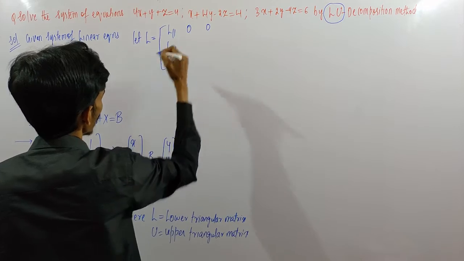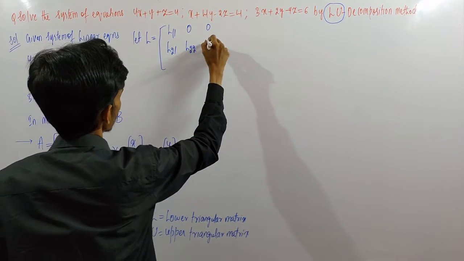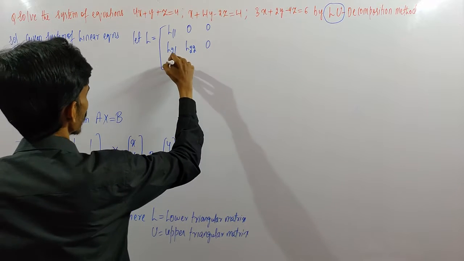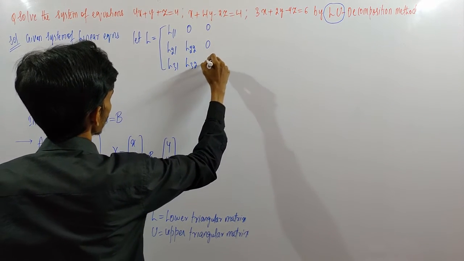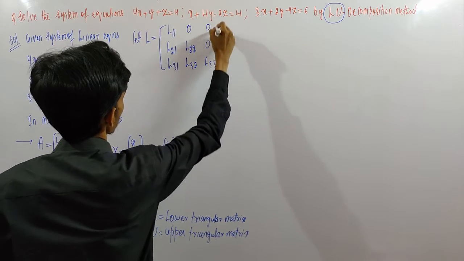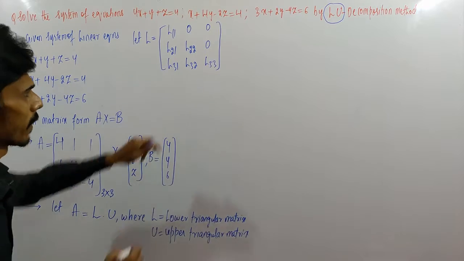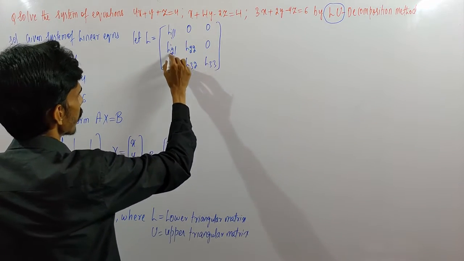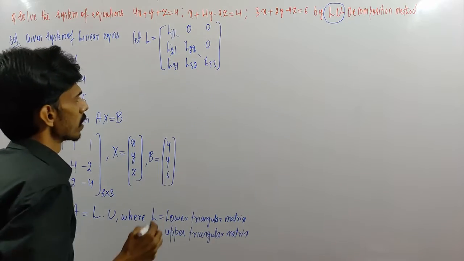Next L21, second row, first column. Next L22, 0. The third row is L31, L32, L33. This is the lower triangular matrix. Here we will have a triangle like this, lower triangular.